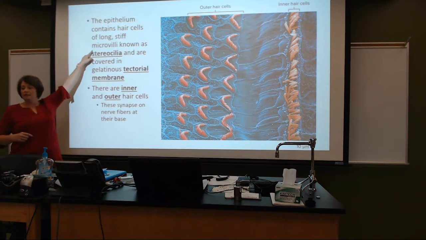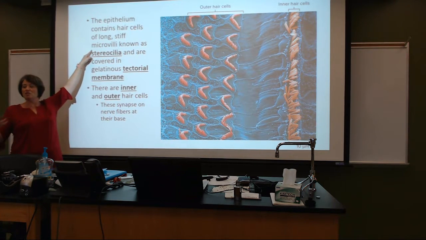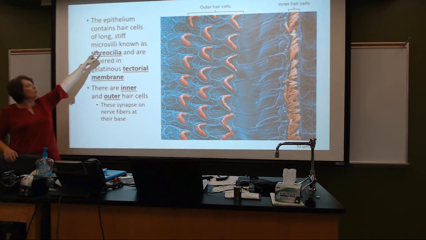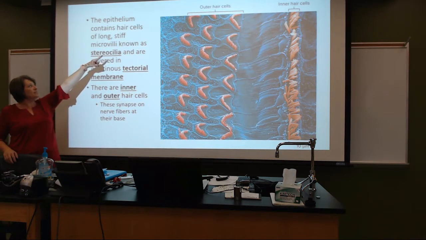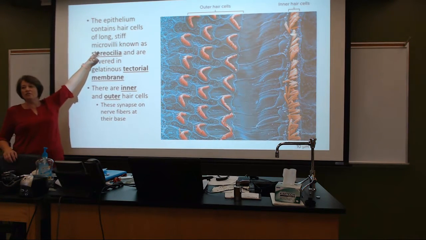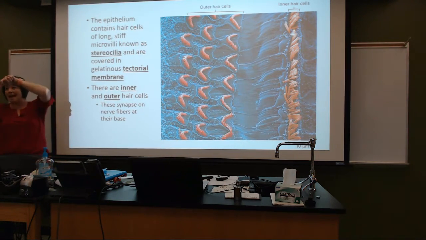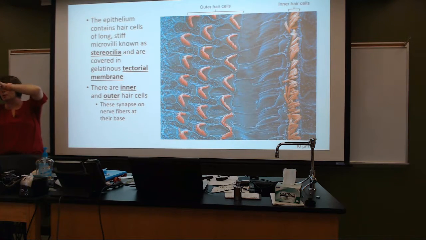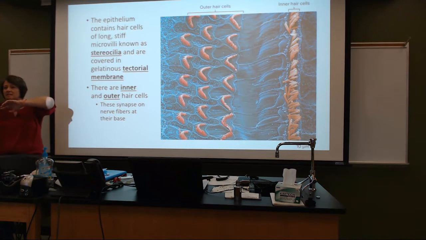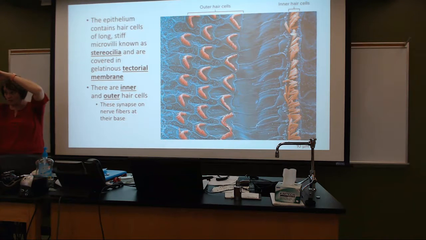Up to this point, we've mentioned cilia. Well, these are going to be very stiff microvilli, and if you remember, microvilli are projections that come out of a plasma membrane. They tend to be thick and a little bit tough.